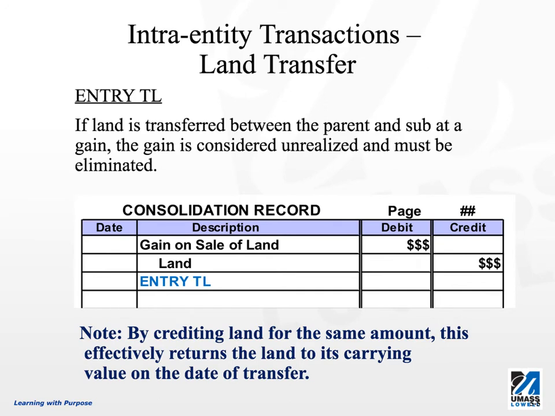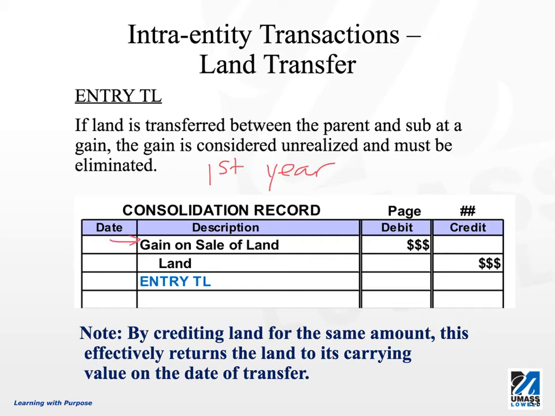So let's recap what we have just learned. When we have intra-entity transactions of land, for the first year, we want to credit the land and debit the gain on the sales of land.